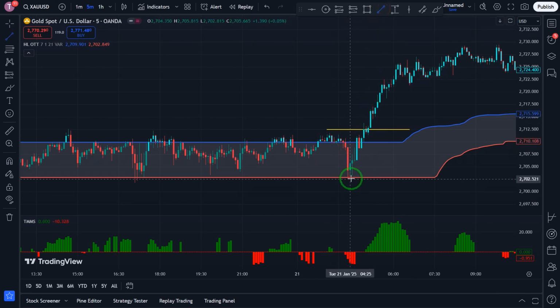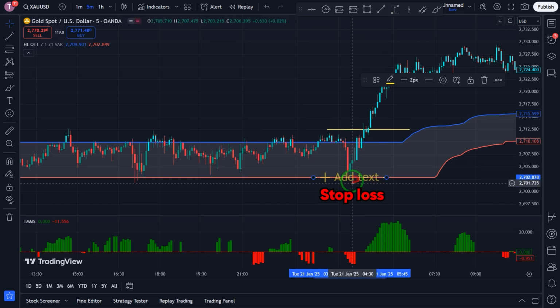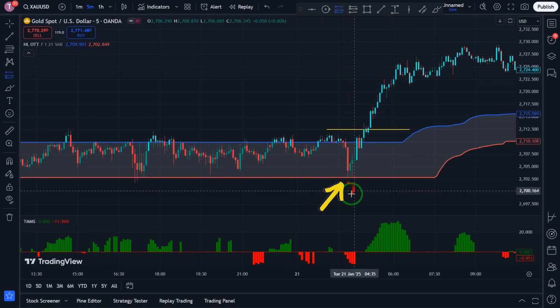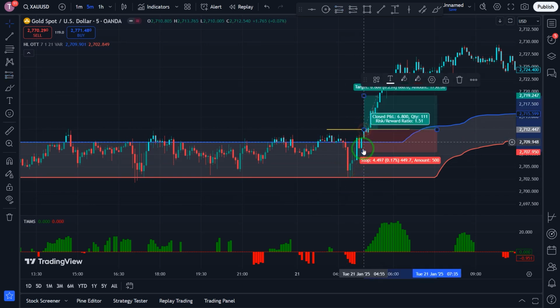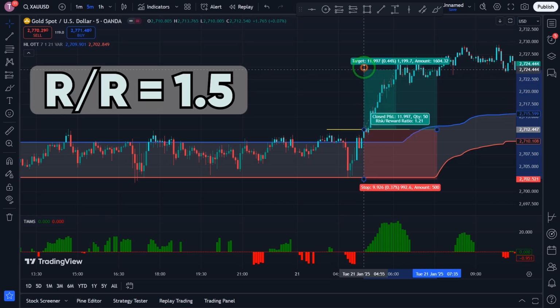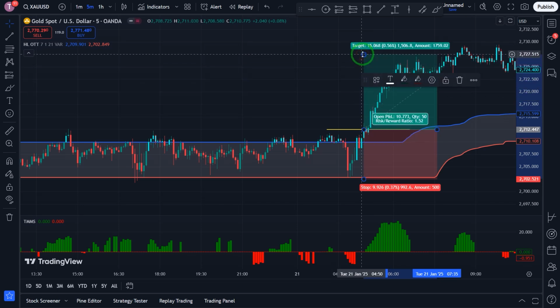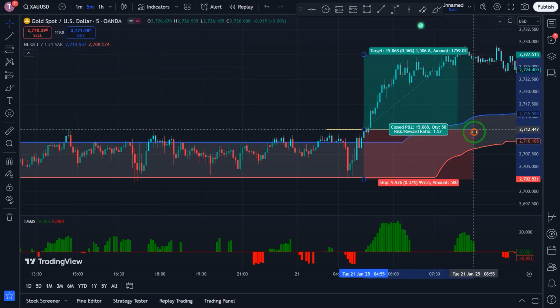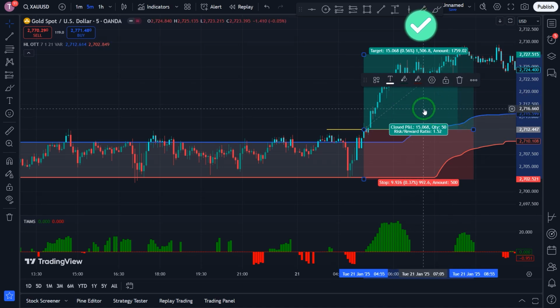For this, we just need to find the last swing low and place our stop loss a little below that level. This way, we understand that if the price drops below this level, the overall trend will change. Now we enter the trade, and for the take profit, we just need to consider a risk-to-reward ratio of 1 to 1.5. Now just wait for the trade to reach the take profit and close it.